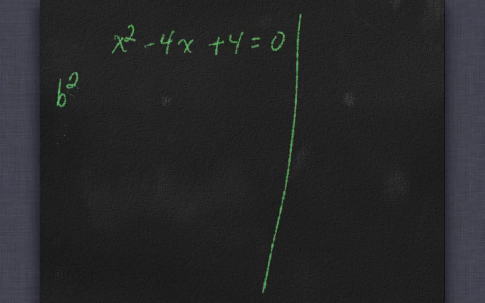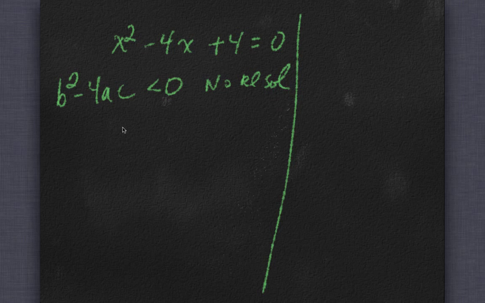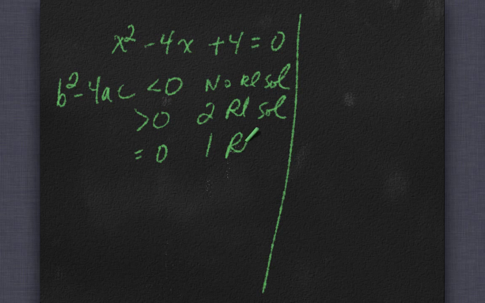So this b squared minus 4ac, which is called the discriminant, if it's negative, gives no real solutions. And if it's positive, it gives 2 real solutions. And if it is 0, then it gives 1 real solution. So I can quickly check just by b squared minus 4 times a times c.